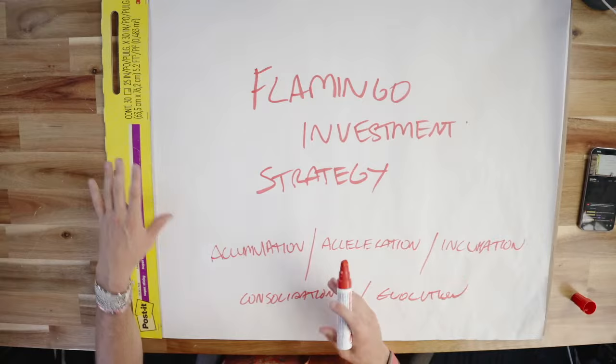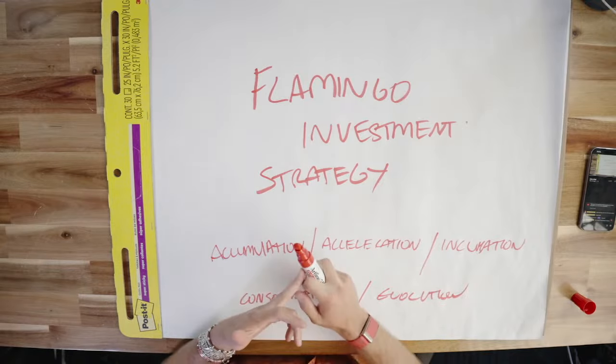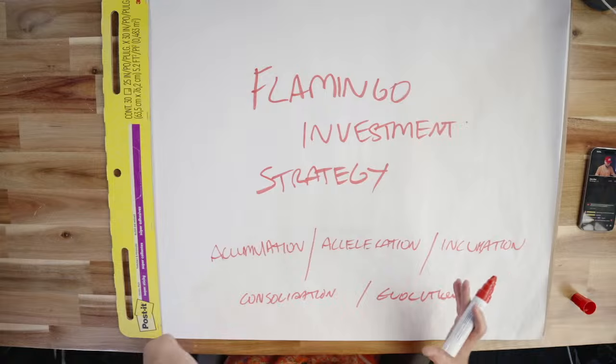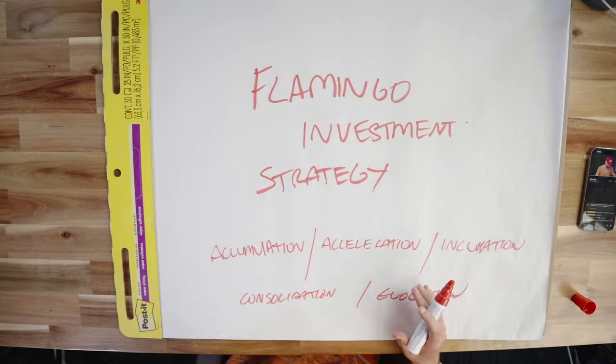a strong portfolio. So accumulation is essentially where we are accumulating assets. We are growing our asset base, or our gross asset base. Acceleration is essentially going to the assets that we've bought and making them worth more money and making the rental yields on those assets greater to increase the cash flow. Essentially making those assets into the highest and best use.